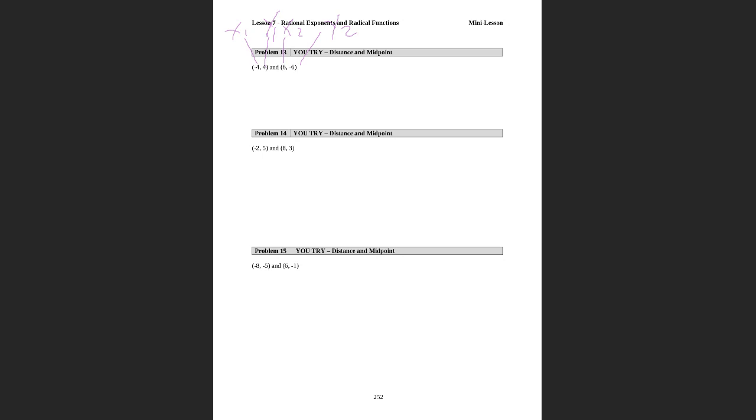The rule says, first of all, let's do midpoint. The midpoint is x1, x2. Remember you are adding, so it doesn't matter which one starts first. So -4 plus 6 divided by 2.